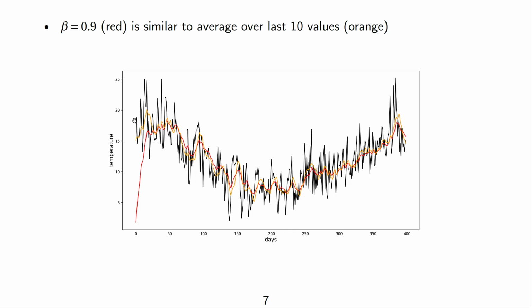As we can see, this black curve is quite jagged, and it jumps up and down quite a lot. So it's definitely not a smooth function. On the x-axis we have the days in a year, and on the y-axis up here we have the temperature in Celsius.